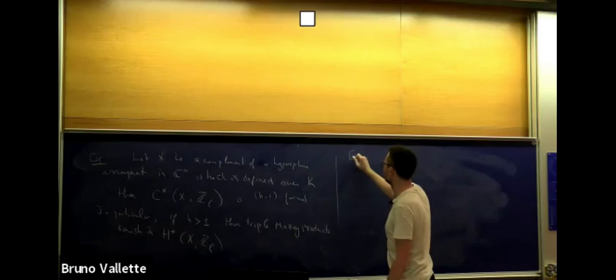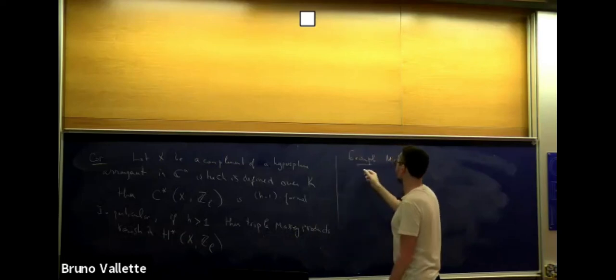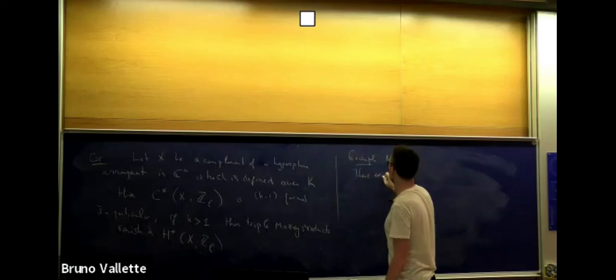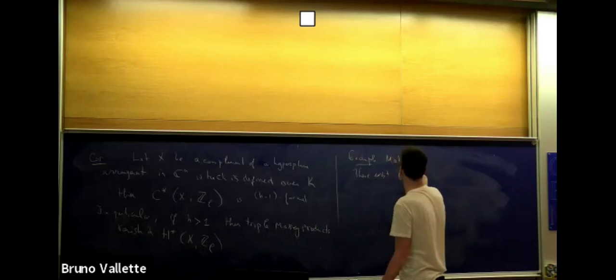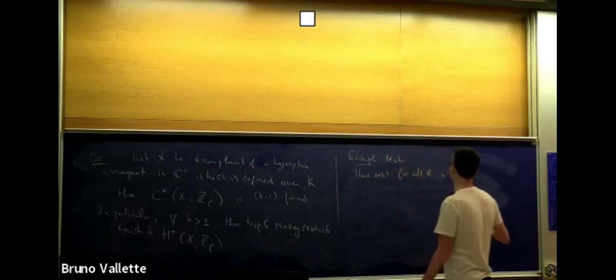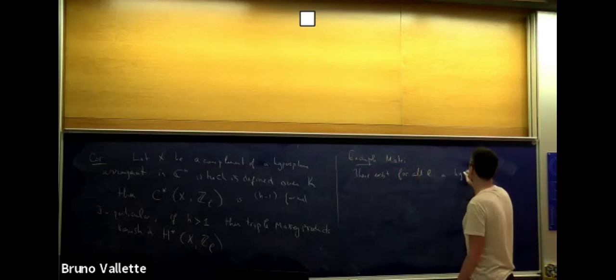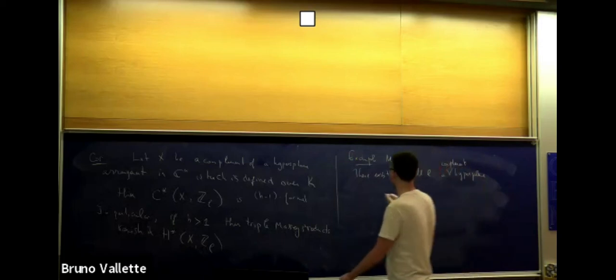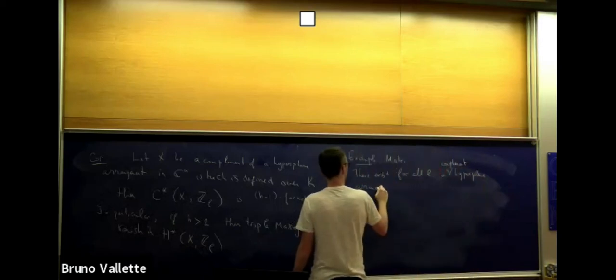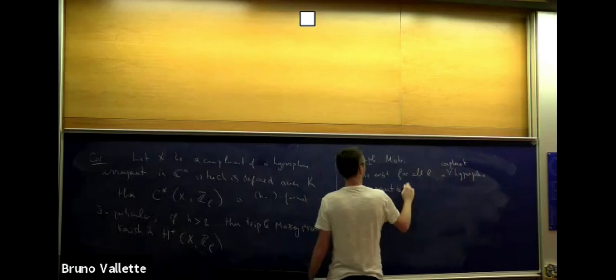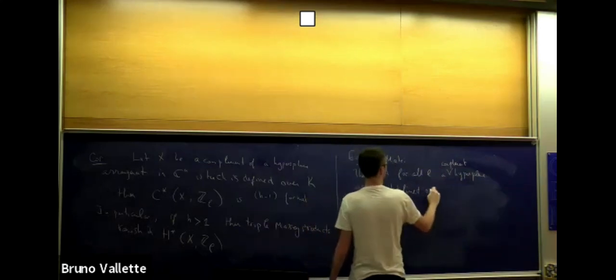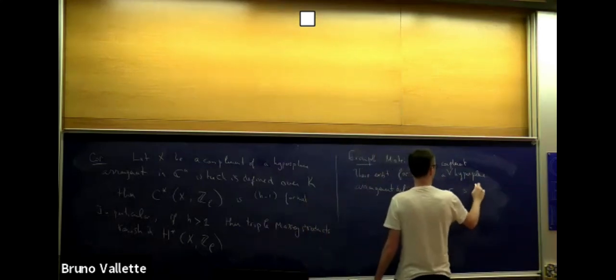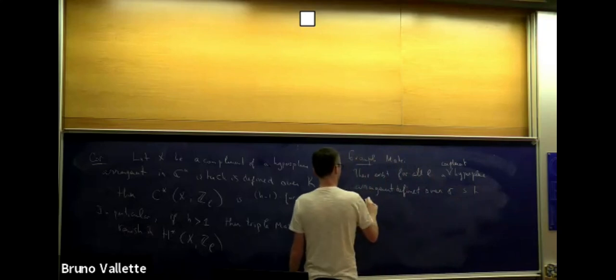There is an example due to Matei: there exists, for all prime numbers l, a complement of a hyperplane arrangement defined over C such that there is a non-trivial Massey product.